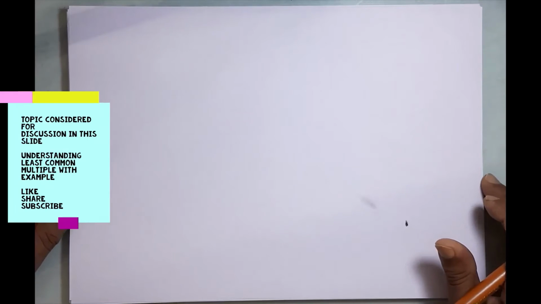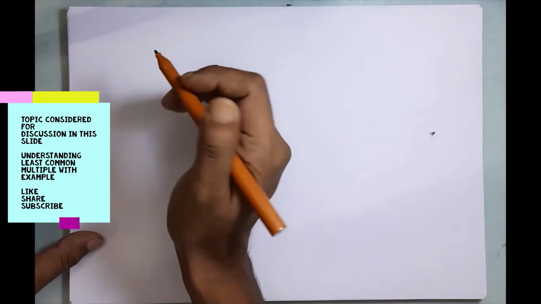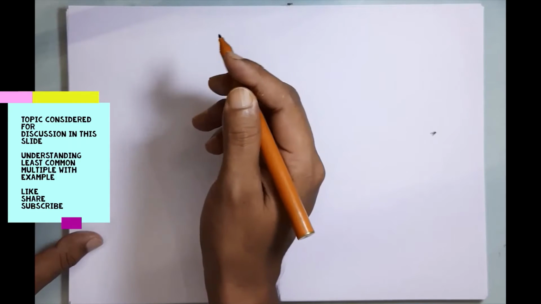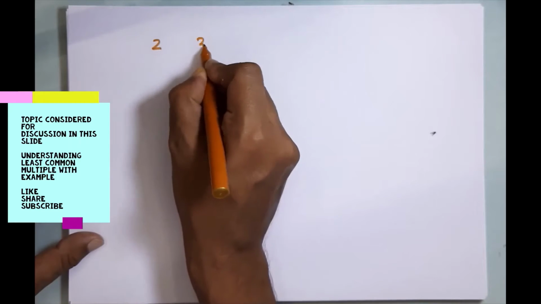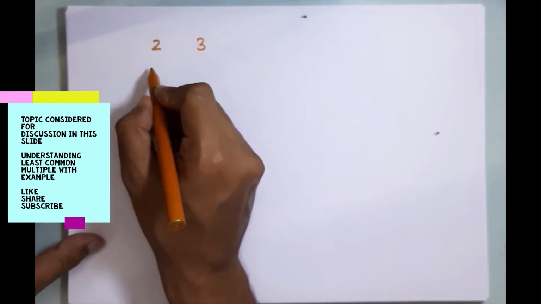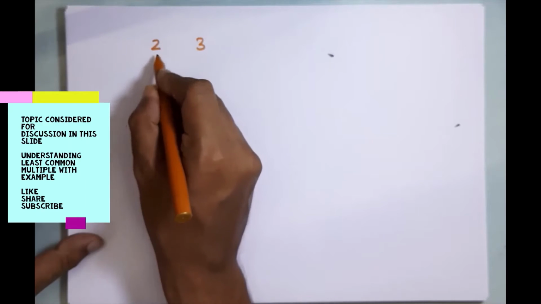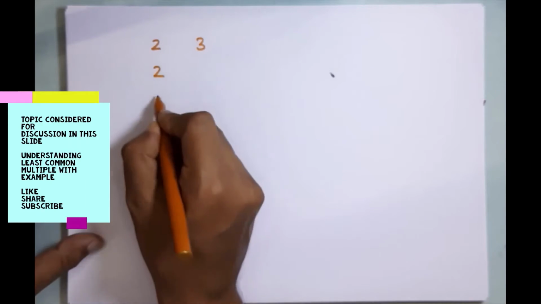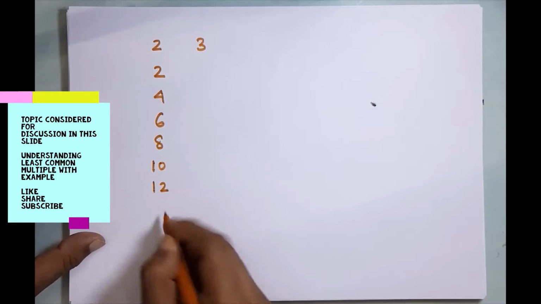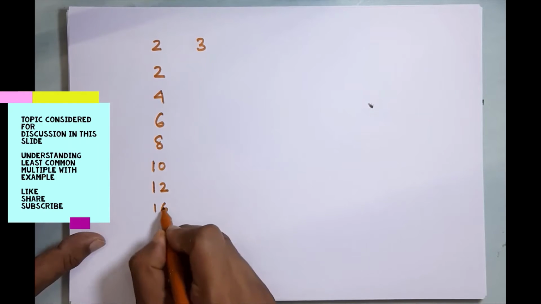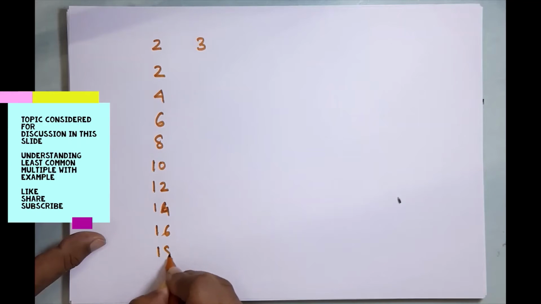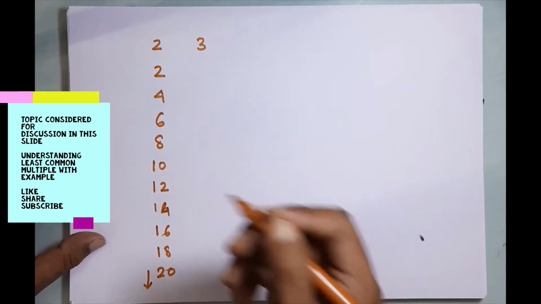Okay, so we have understood what exactly a multiple is. Now let us try elaborating it using some more examples. Let us take our old numbers 2 and 3, and we will be noting the multiples of 2 from top to bottom. So the multiples of 2 are 2, 4, 6, 8, 10, 12, 14, I'm extremely sorry, then 16, 18, 20, and it will keep on continuing.